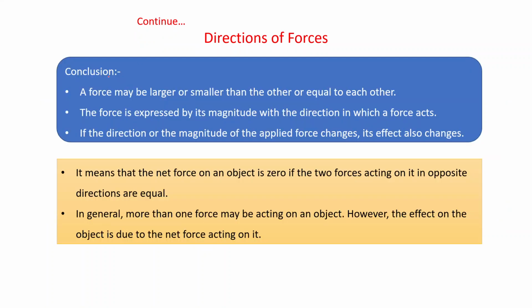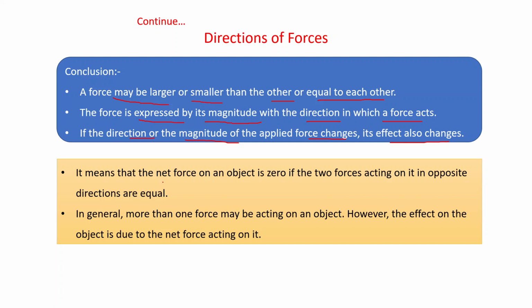We can conclude from these activities that a force may be larger or smaller than another or equal to it. The force is expressed by its magnitude along with the direction in which it acts. If the direction or the magnitude of the applied force changes, its effect also changes.